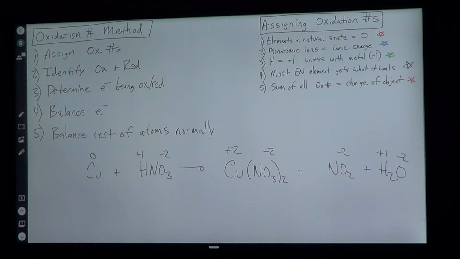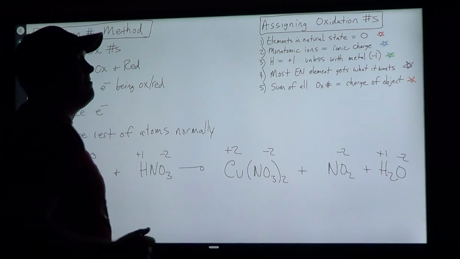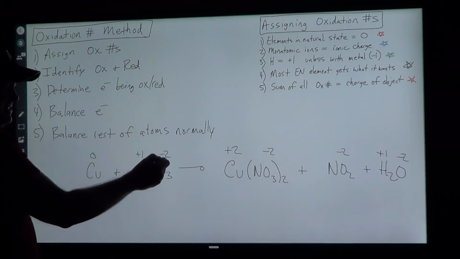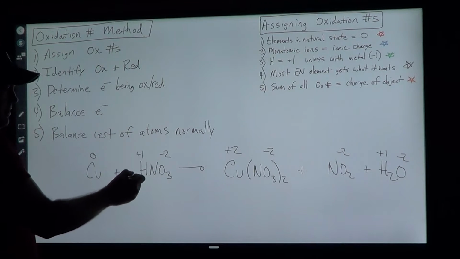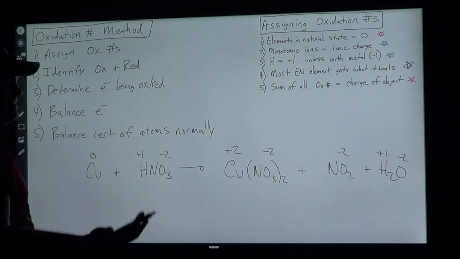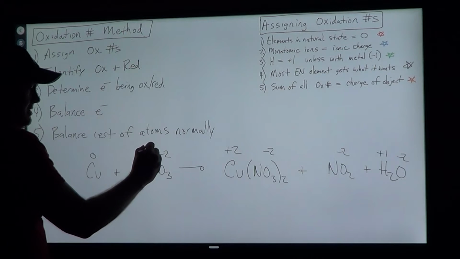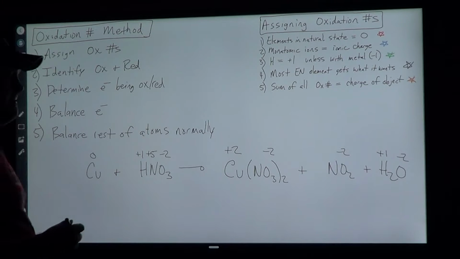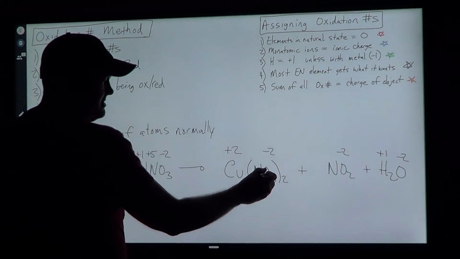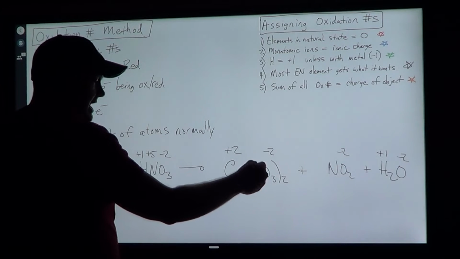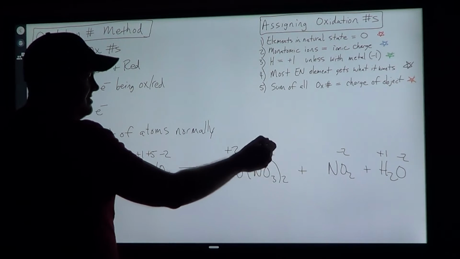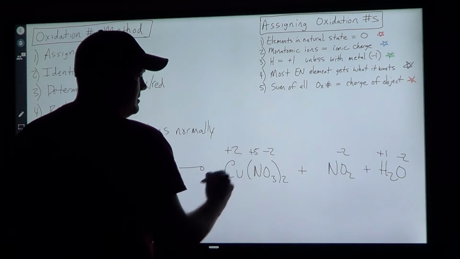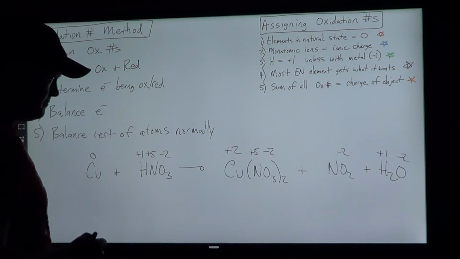Okay, and now all that's left is number 5. Make sure everybody adds up to their charge. We currently have -6 from the oxygens, +1 from the hydrogen, so we're at -5 right now, which means this nitrogen has to be +5. And over here, these nitrates have to be -1 overall, so you have -6 from the oxygen, which means the nitrogen has got to be +5.